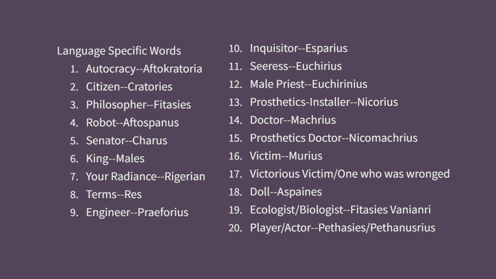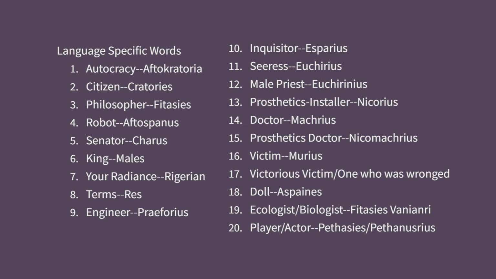Oh no, it's just Euclidean. Oh, I was right. Never mind. Ignore me. A person who installs prosthetics is a Nicorius. A doctor is a Macreus. And a prosthetics doctor specifically is a Nicomacreus.